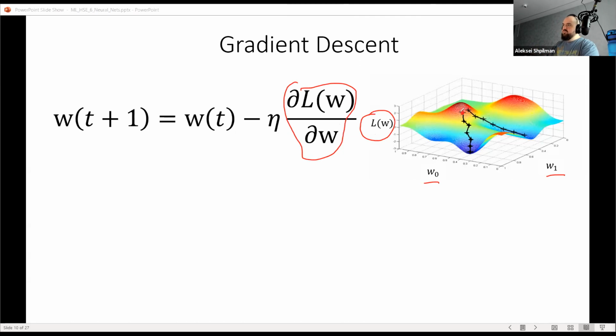So the gradient will probably point somewhere here because the gradient points in the direction of function increase. So if we go in another direction, right, so this is minus, if we go in the opposite direction, then we'll go in the direction of function decrease, right?